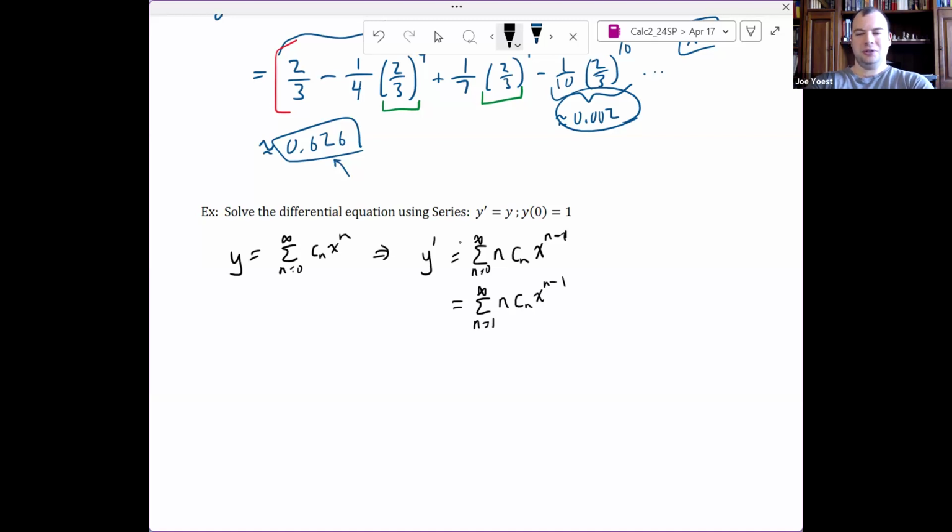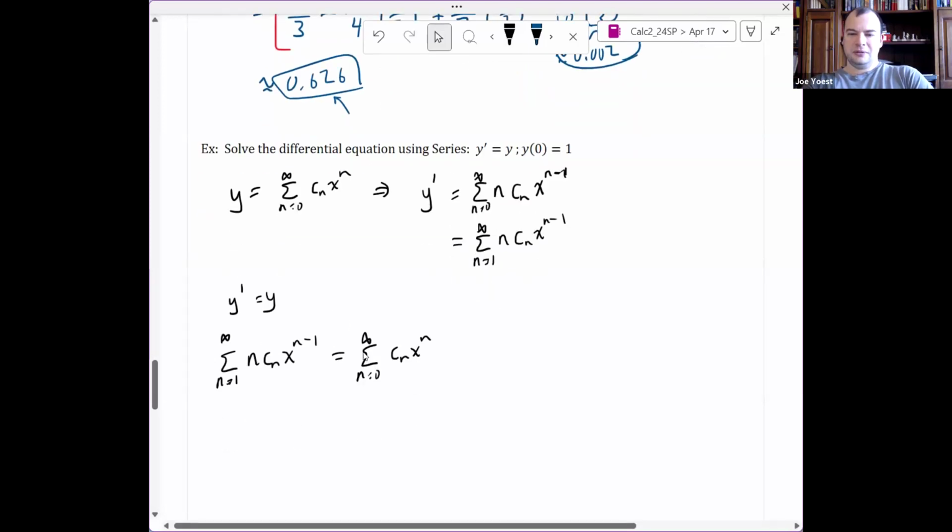Now I want to equate these two series. There's a couple ways I could do this. I could do y prime minus y equals 0, or I could just put them on two sides of an equal sign and see what happens. So if y prime equals y, that means the sum from n equals 1 to infinity of n Cn x to the n minus 1 should equal the sum from n equals 0 to infinity of Cn x to the n.